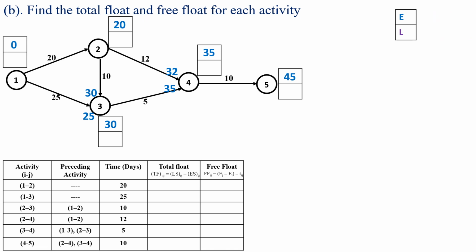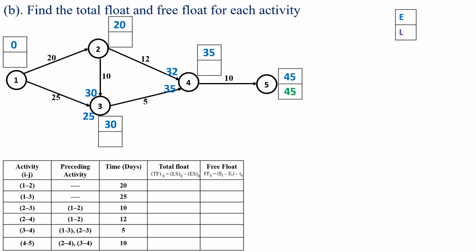Next we determine the latest finish time and latest start time by the backward pass method. In the backward pass method, we start at the end event. Here the end event is event 5 and its latest finish time is equal to the earliest finish time, that is 45.